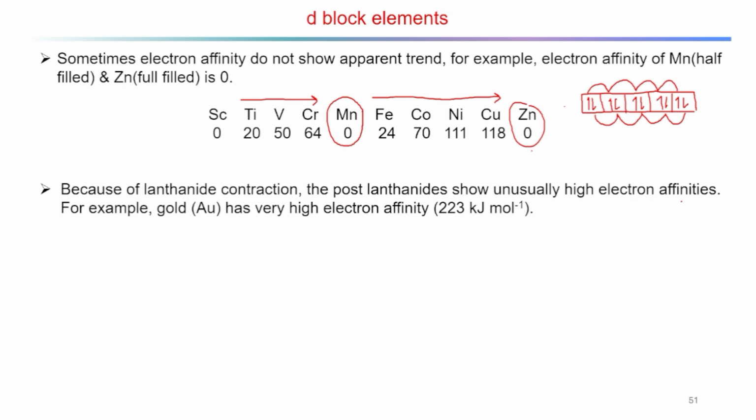Because of that, the atom size is very small and the nucleus to valence shell distance, the atomic radius, is very less. So the nucleus has higher electrostatic interaction with the incoming electrons, right? I will simply draw it for you. So this is the nucleus and there are multiple shells.